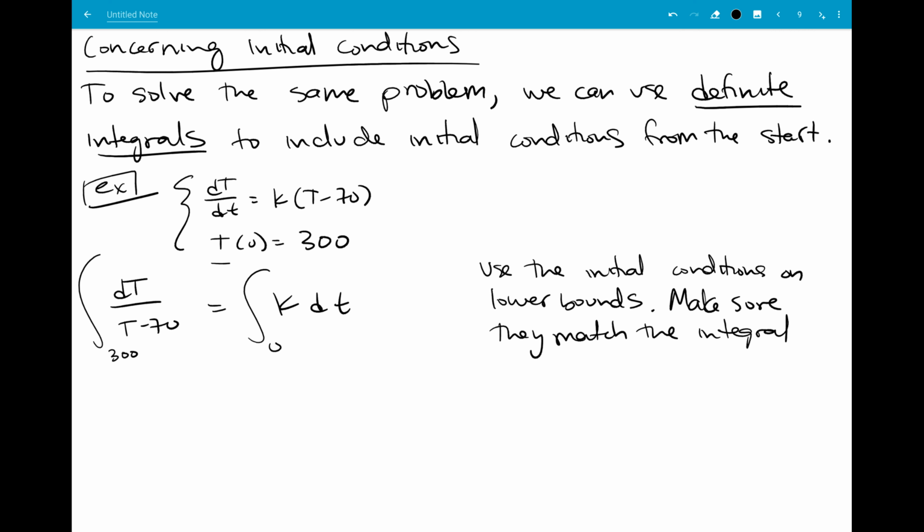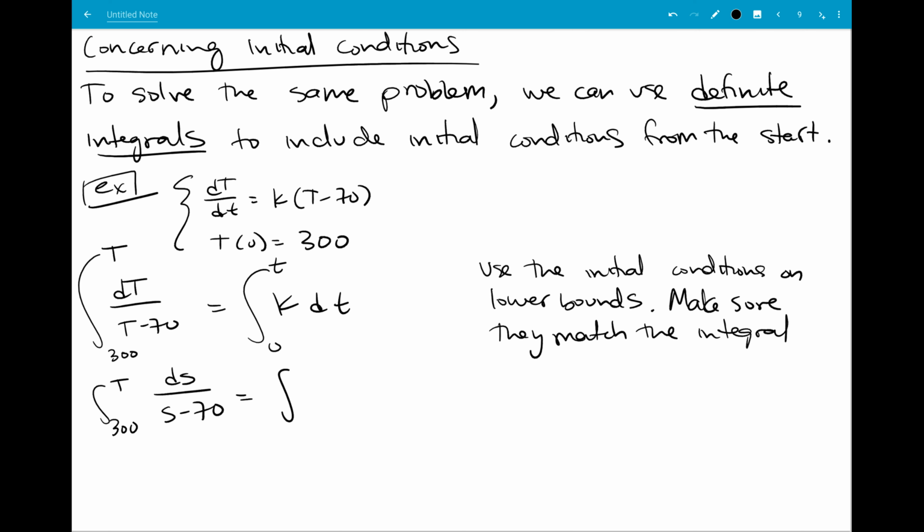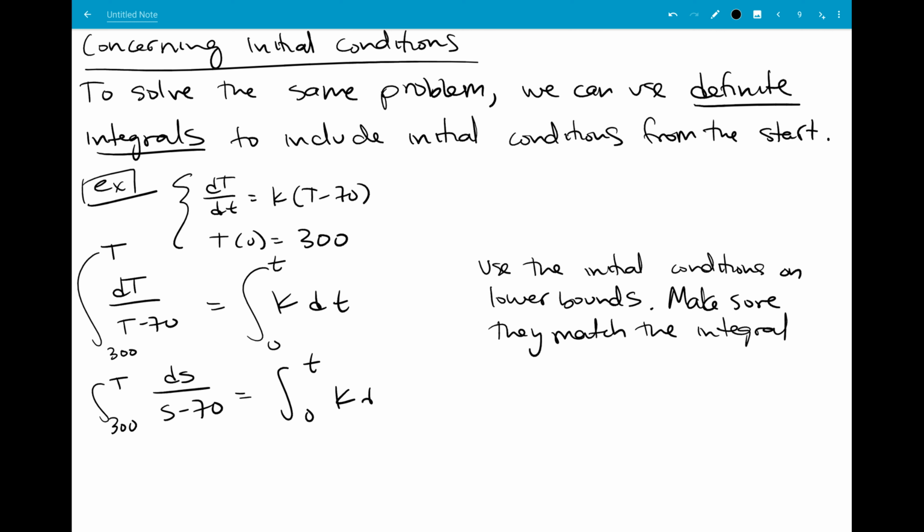I'm going to erase all those lines so they're not cluttering up the space. And then just use the variable itself on the upper bound. I want to end at some temperature and some time. Sometimes this bothers people, so you can go ahead and use placeholder variables on the inside if that is unpleasant for you to look at. Like that.